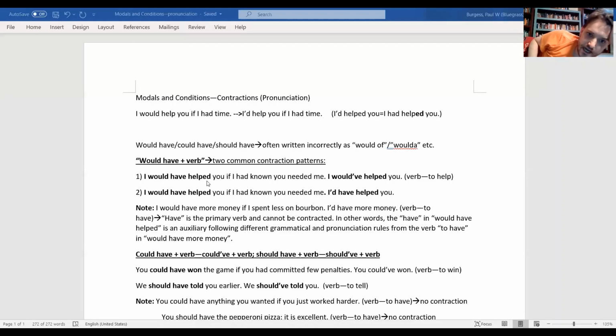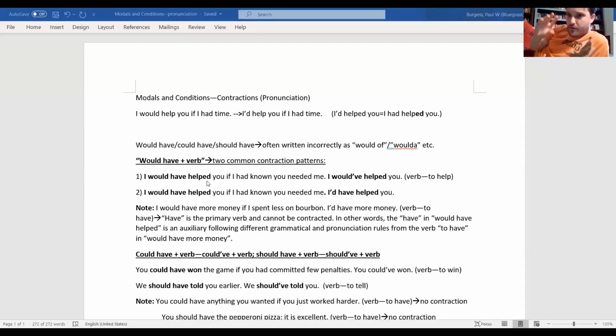So when I say, I'd have helped you, I'm not contracting on purpose in speech. That's just the way the language sounds. The apostrophe, I apostrophe D, is there to make the writing take less time. I'm not trying to save time as a speaker. I'm just speaking English the way it sounds. Why does it sound that way?